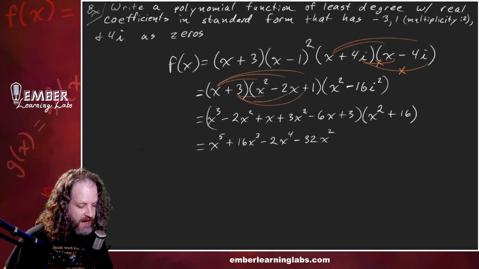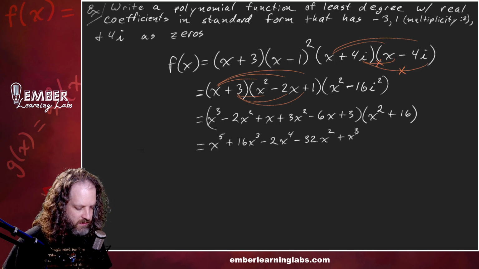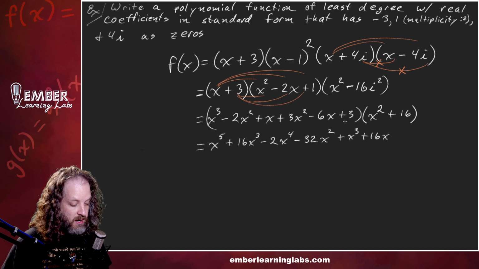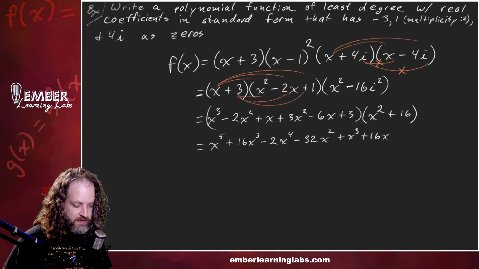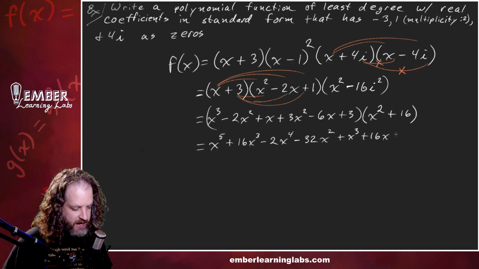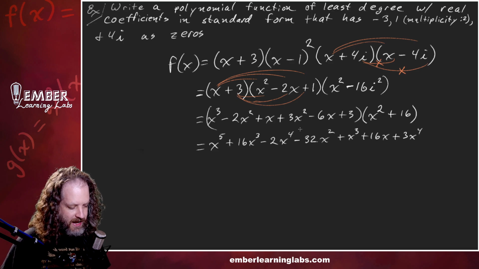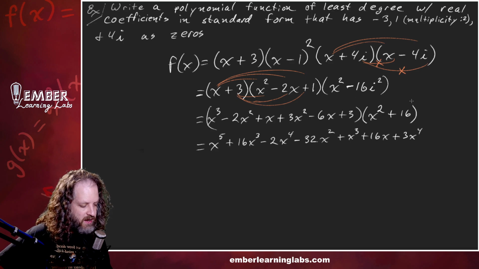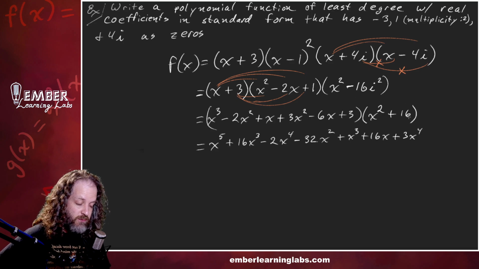Next one, we've got x times x squared, which is x cubed, plus x cubed. x times 16 is 16x. Next one, we've got 3x squared times x squared, so we've got plus 3x to the fourth. All kinds of like terms in here. We'll deal with that in a minute, right? And then 3x squared times 16 would be 48.